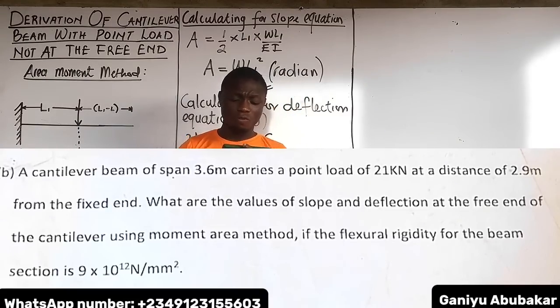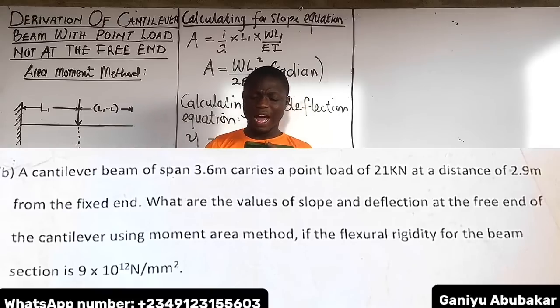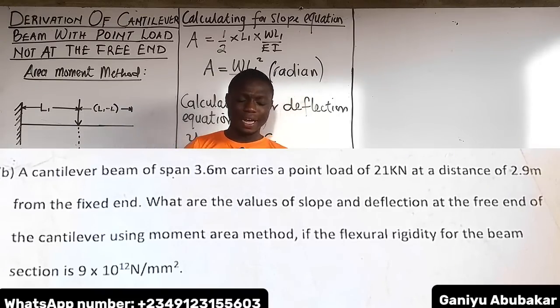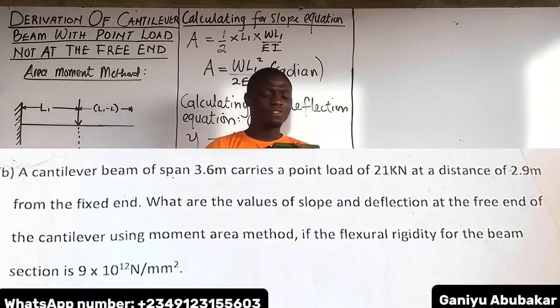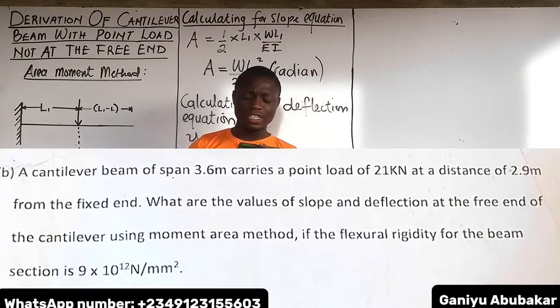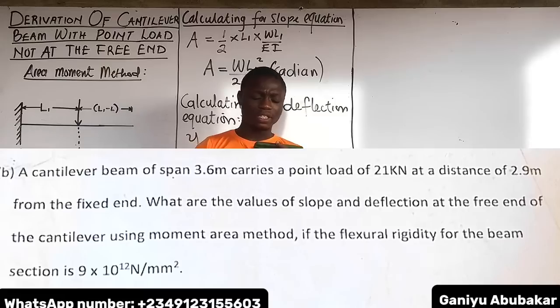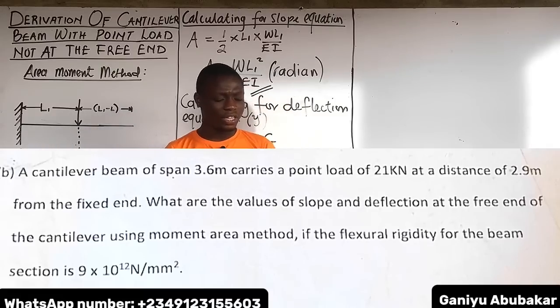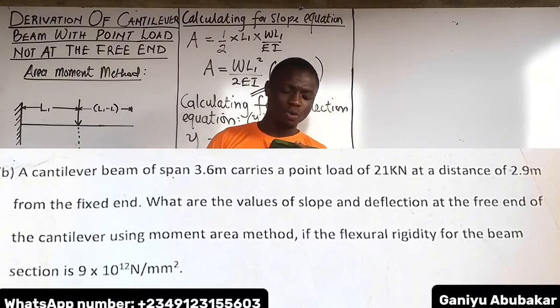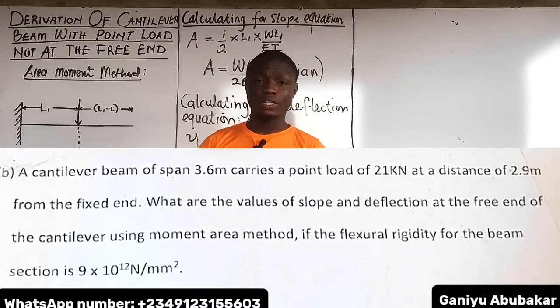What are the values of the slope and deflection at the free end of the cantilever using the moment area method, if the flexural rigidity of the beam section is 9 times 10 to the power 12 Newton per meter squared?